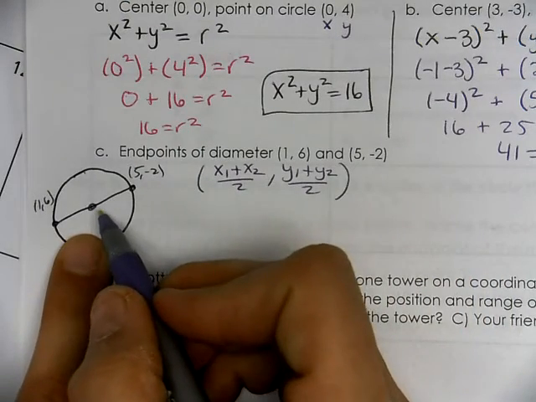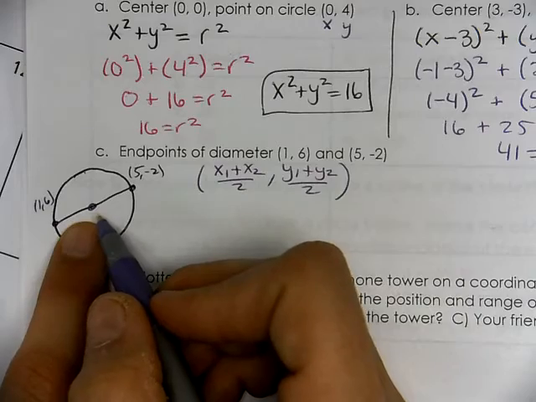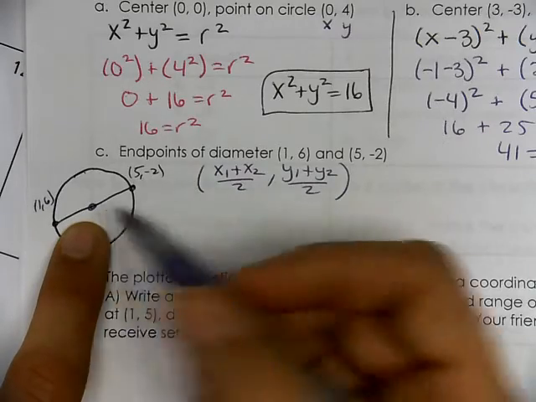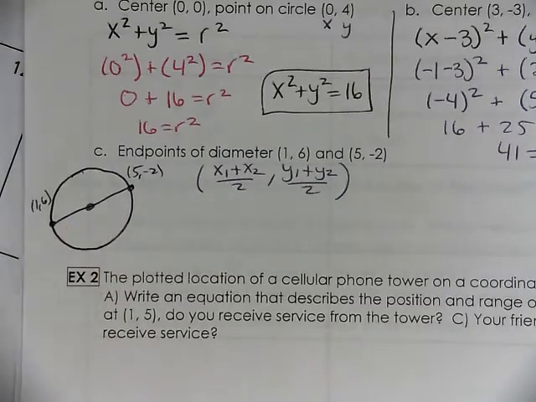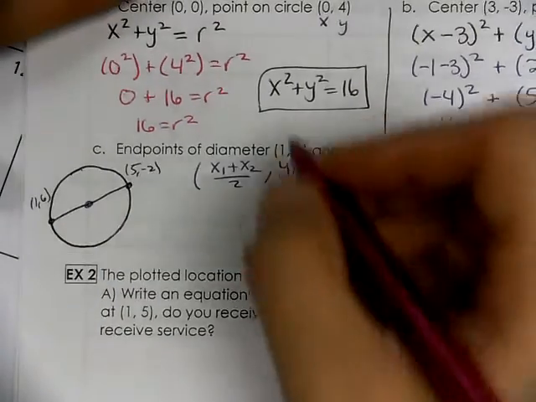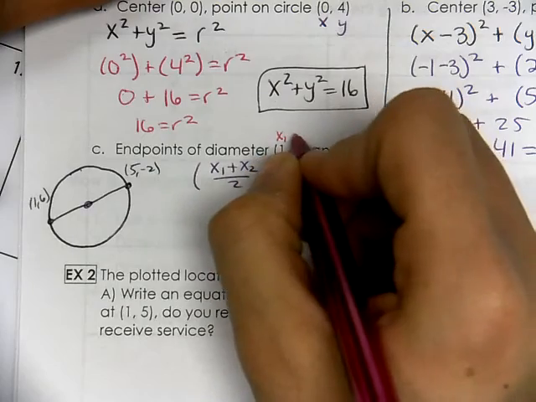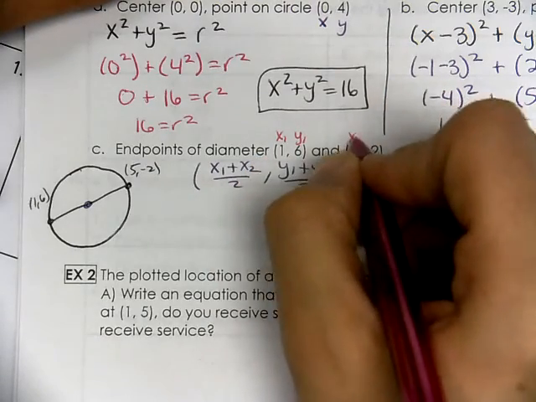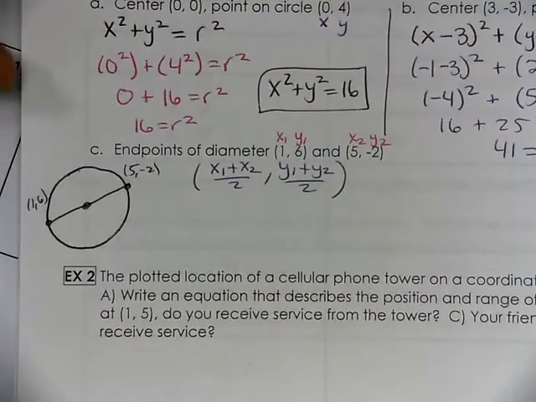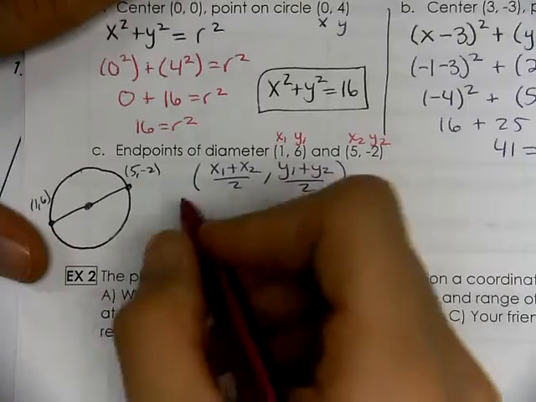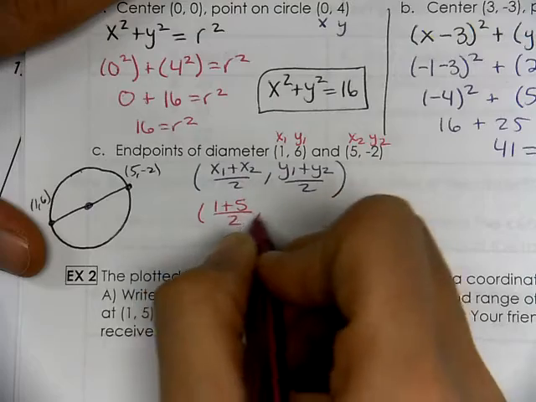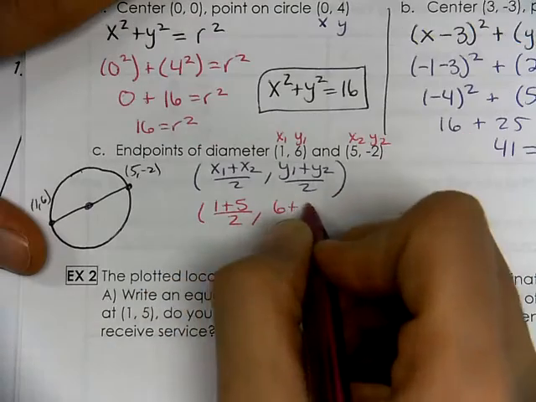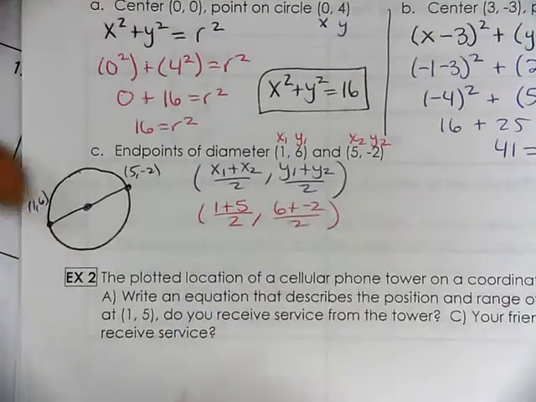So we got to do the midpoint so we can find the middle. We can find our center. Then I can do what I did in B. I can plug in one of the 2 points. So 1 will be x1, 6 will be y1, x2, y2. So 1 plus 5 divided by 2, 6 plus -2 divided by 2.